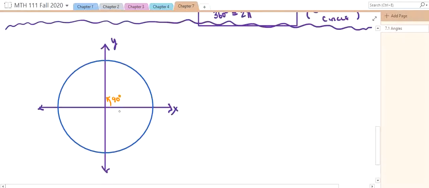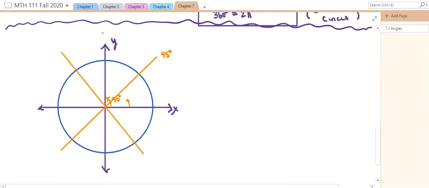So if that's 90 degrees, if I were to cut this in half, so after moving half the distance to that y-axis, we know that this is 45 degrees.